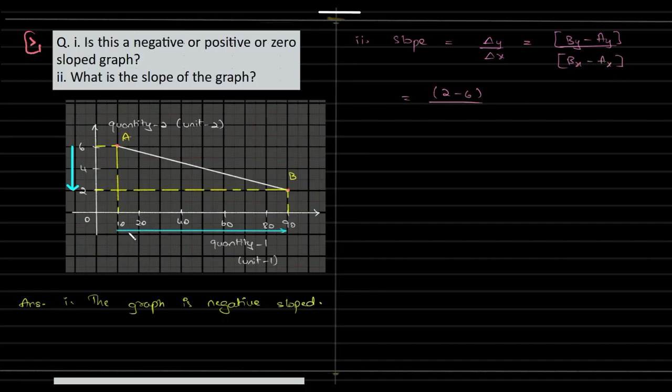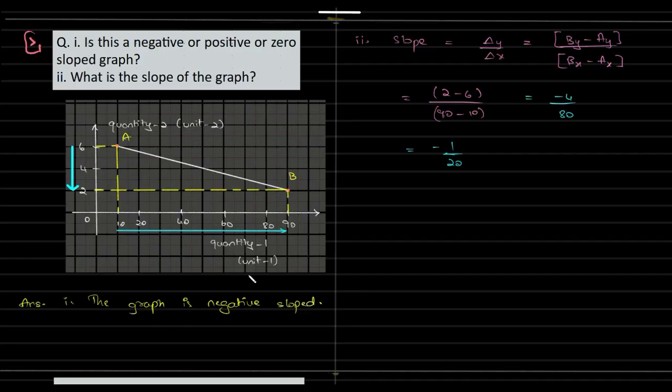So bx would be 90 minus ax is 10. So this would be minus 4 divided by 80. That is minus 1 by 20. Right?